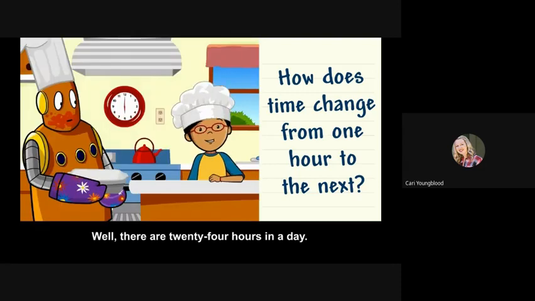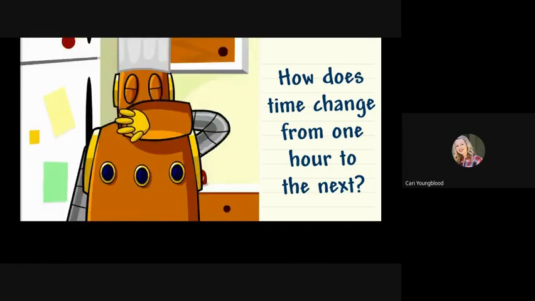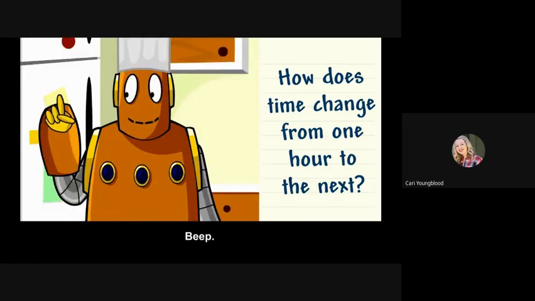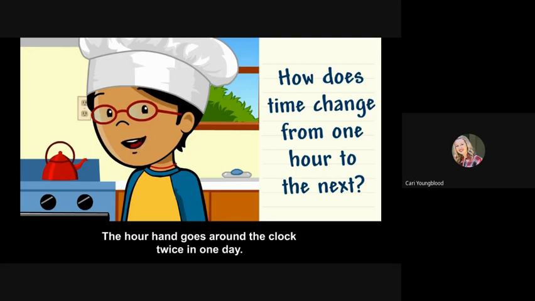Well, there are 24 hours in the day, but there are only 12 numbers on a clock. Right, Moby. The hour hand goes around the clock twice in one day.